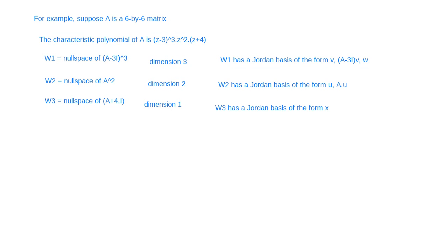Okay. So then what do I do? Well, I construct my basis B to be, I put W, then I put A minus 3I times V, then I put V, then I have AU, and then I have U, and then I have X. Okay, and this is going to be a basis of R6.